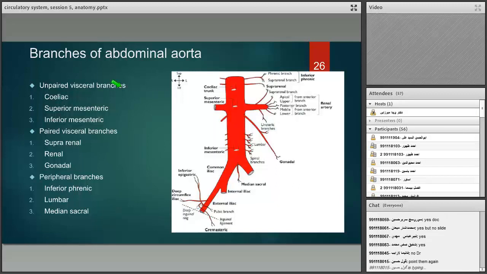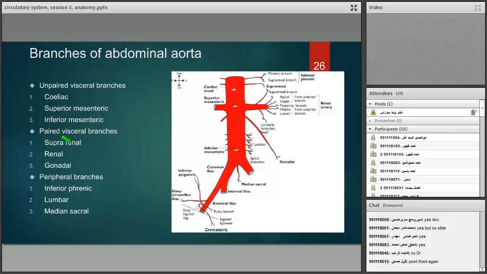The other group, I'm explaining slide number 26. Look here: celiac, superior mesenteric, and inferior mesenteric arteries. The second group of the branches is the paired visceral branches. It means branches which are paired and send branches to the other viscera of the abdomen.